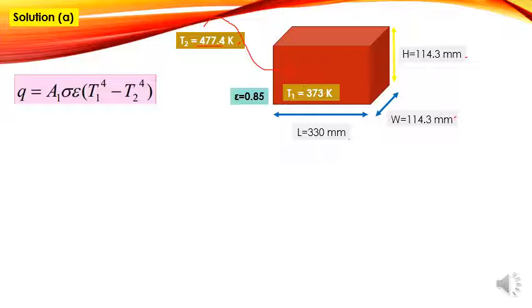Let's check one by one whether the information given in the question is complete to solve this equation and get the Q value. T1 and T2 are given. The epsilon is also given, and the sigma is just the Stefan-Boltzmann constant.